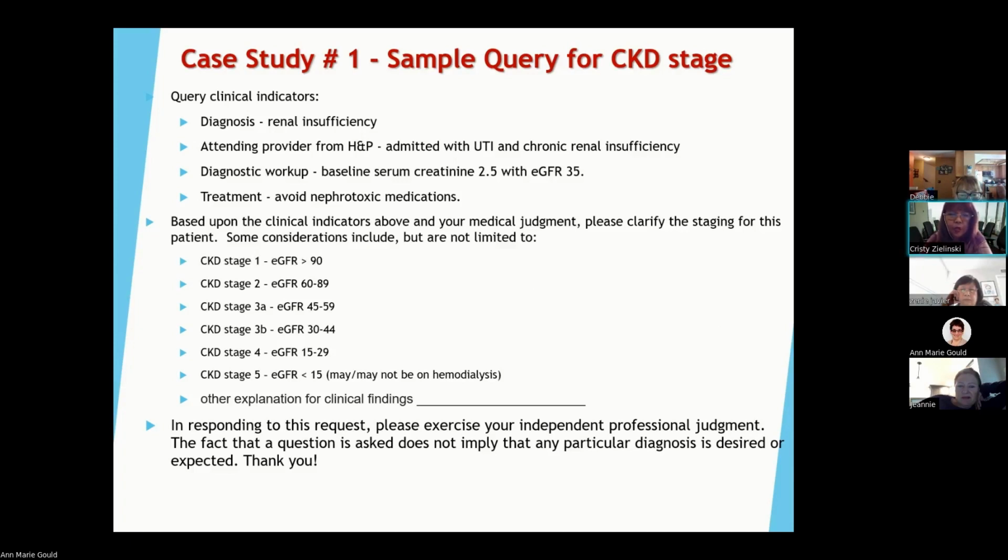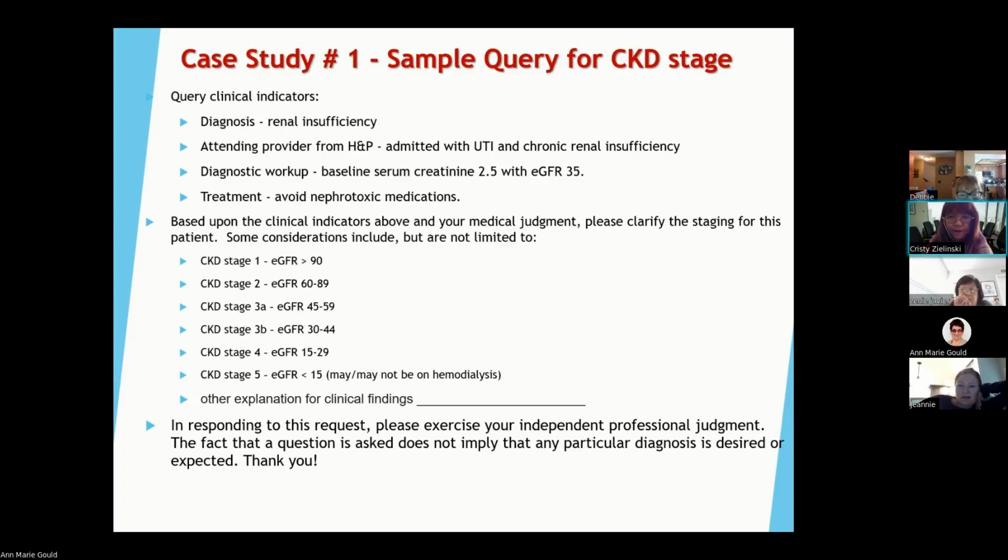So it will complete your query, and of course have choices for the doctor, not just one, so it would be leading. So you just give choices to the doctor, and then the last one is other explanation for clinical findings. So it's like another diagnosis that they think is not part of those other queries.